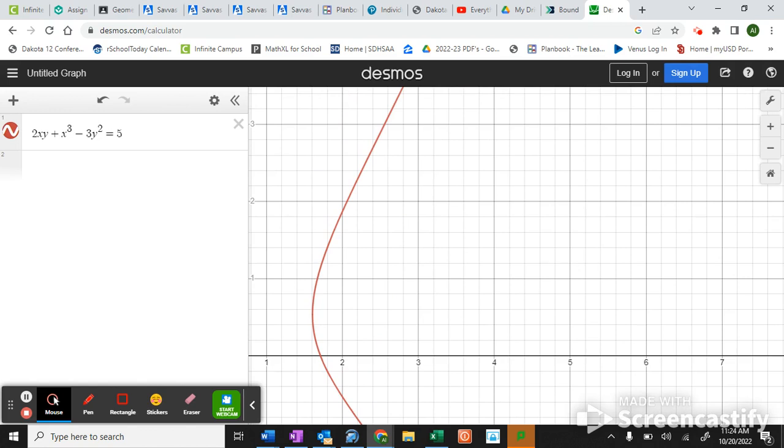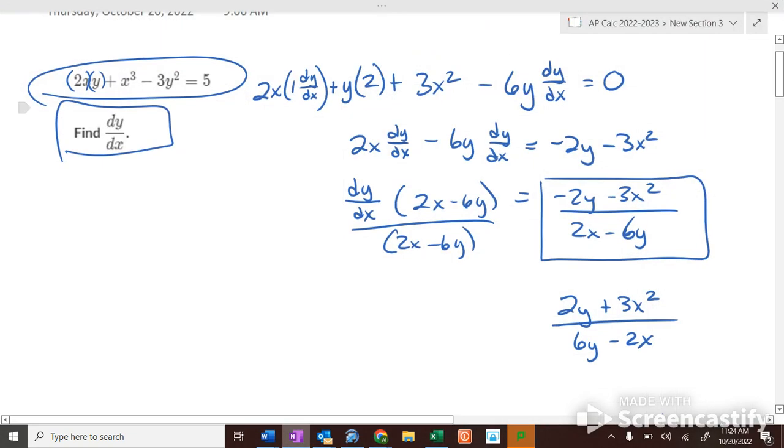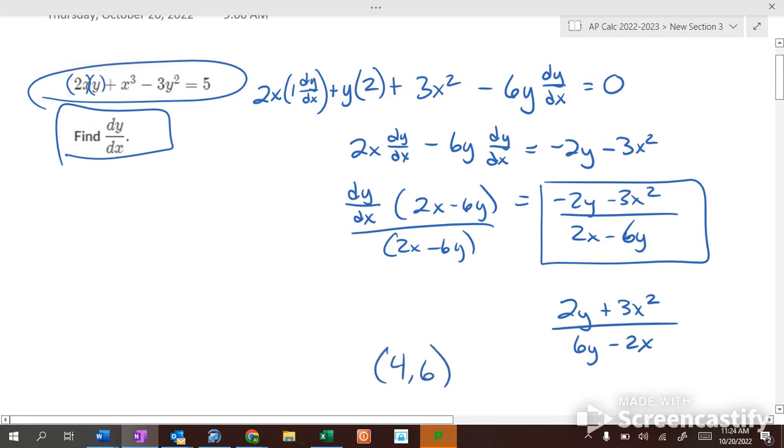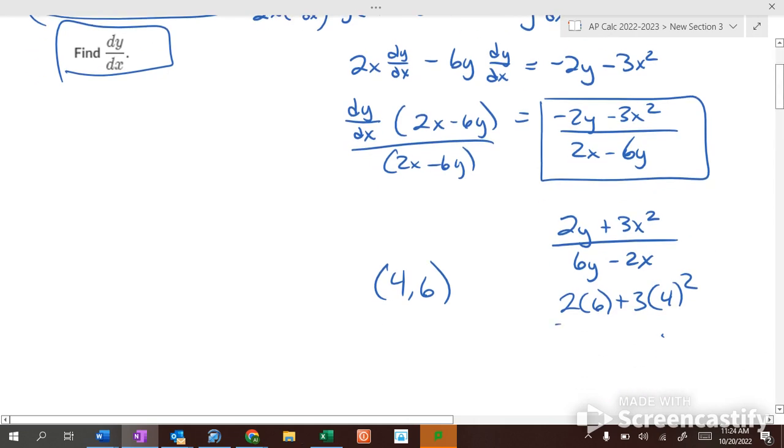So if we put the point 4, 6 into that first derivative, 2 times 6 plus 3 times 4 squared over 6 times 6 minus 2 times 4.